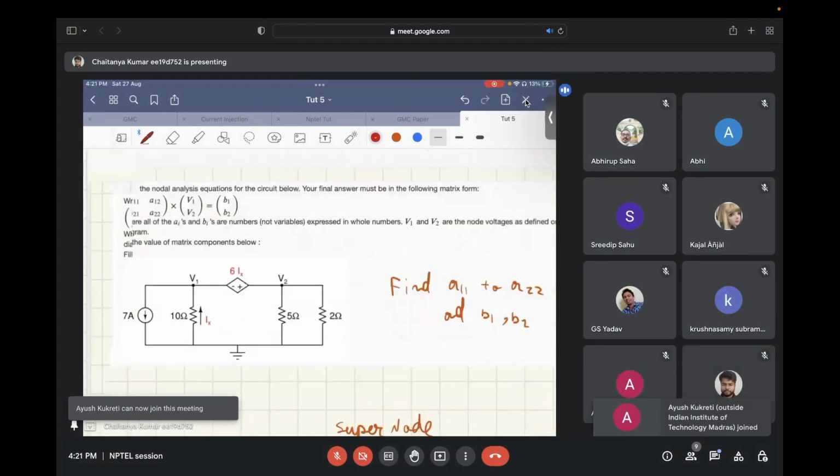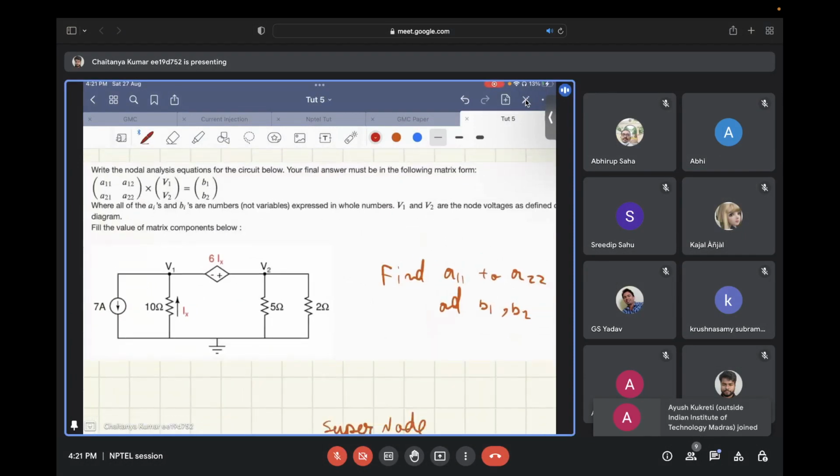So now in this question, you need to apply nodal analysis on this particular circuit, and find the two equations in terms of V1 and V2. Accordingly, you need to find the coefficients of the matrix from A11 to A22, and you also need to find B1 and B2.